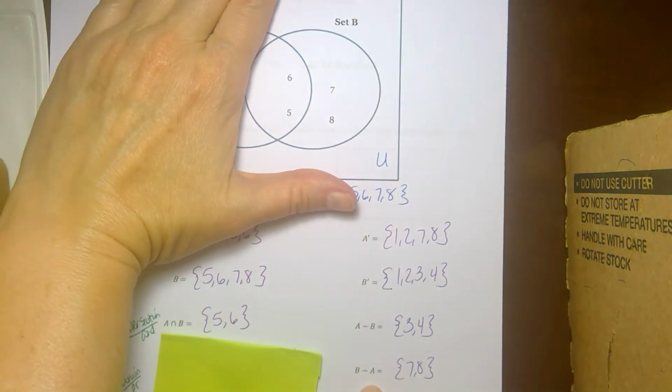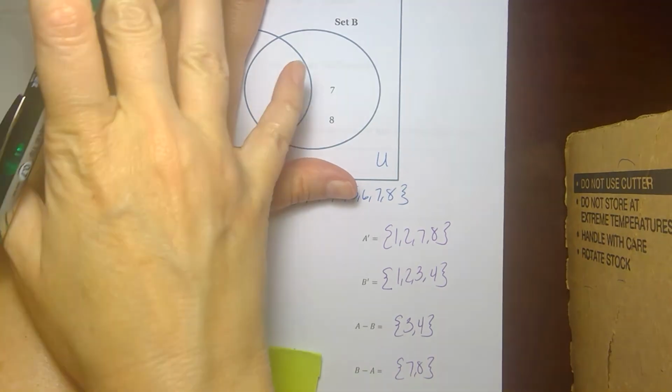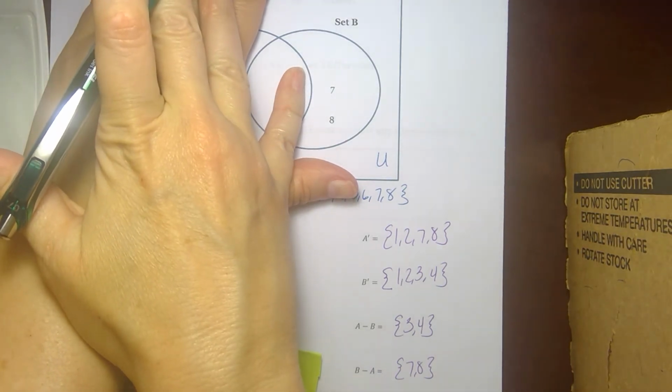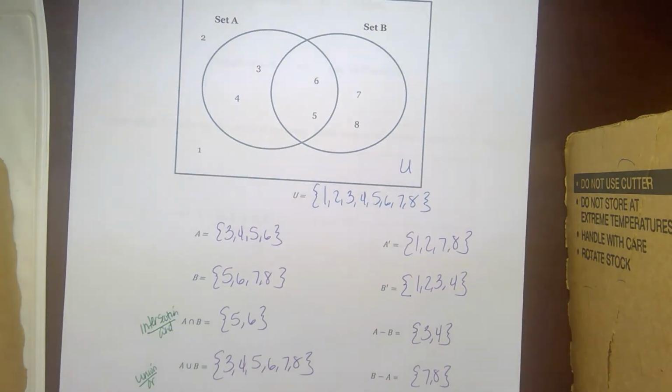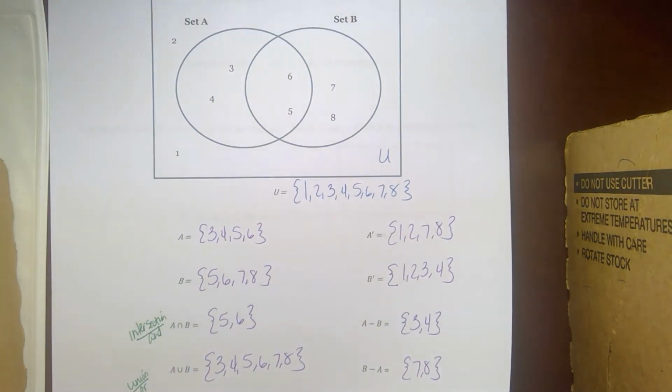I start by looking just at what's in set B, and I exclude anything that's also in A. All right, let's look at the next page and see what we have.